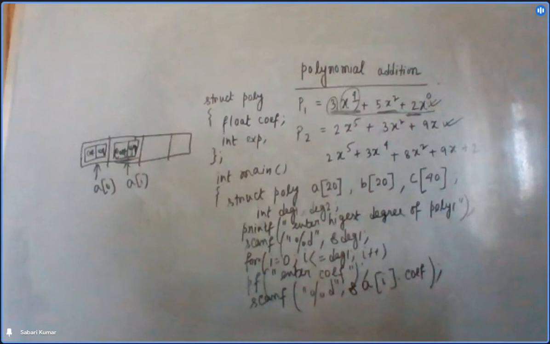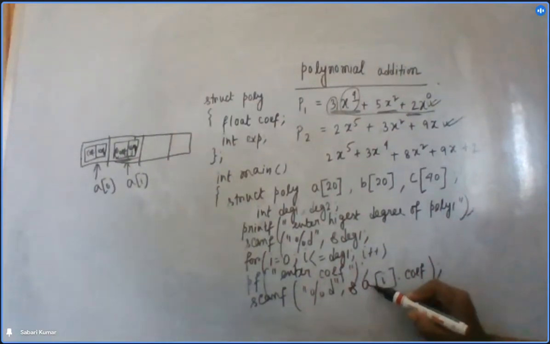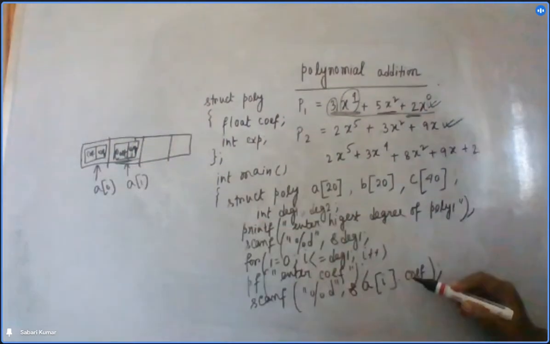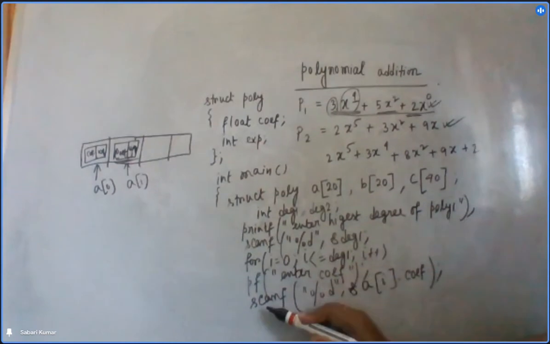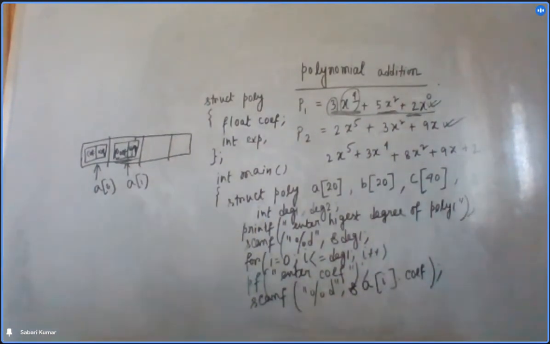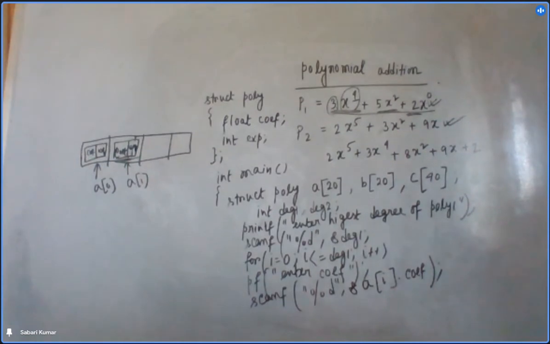Two parts are associated. এবার আমি কি চাইছি a of I মানে a of 0 coefficient enter করলাম, তাহলে enter coefficient a of I dot coefficient. Coefficient has been entered. আর আমি কি করতে হবে? What will be the next task that we have to do? We have to take the exponent value also.